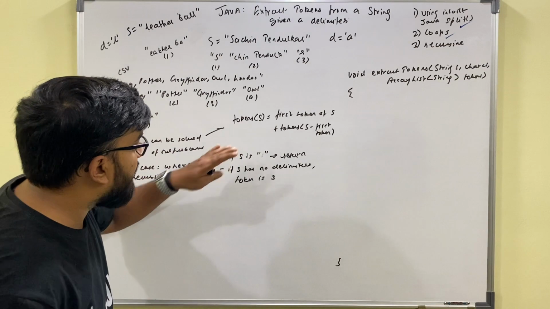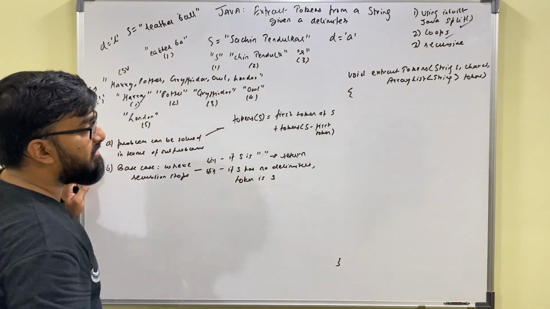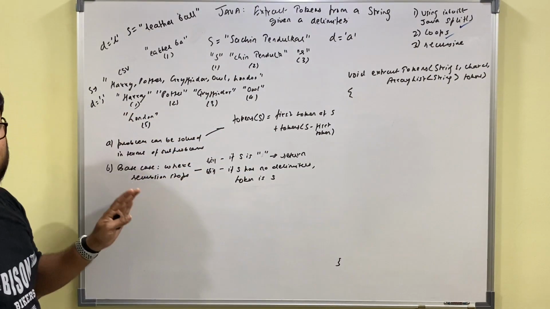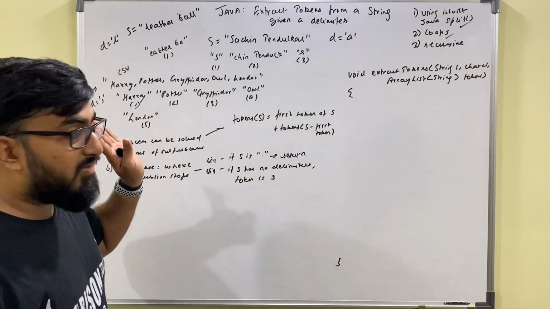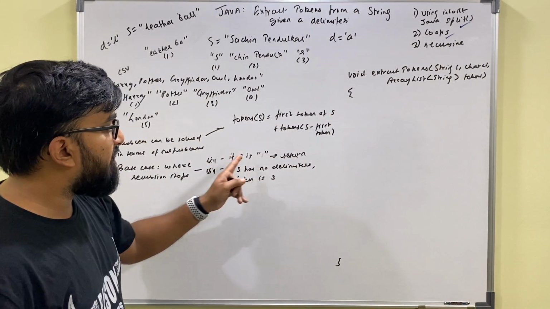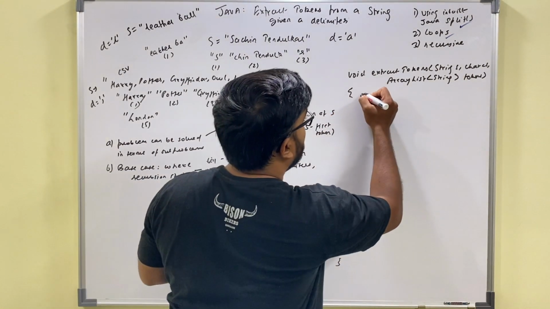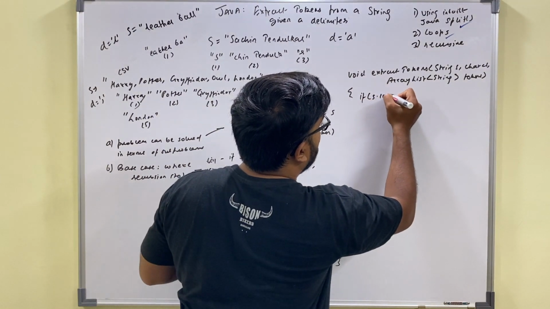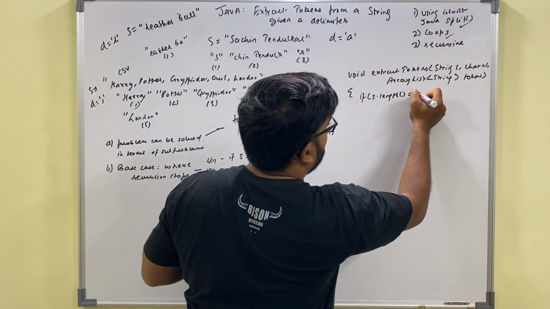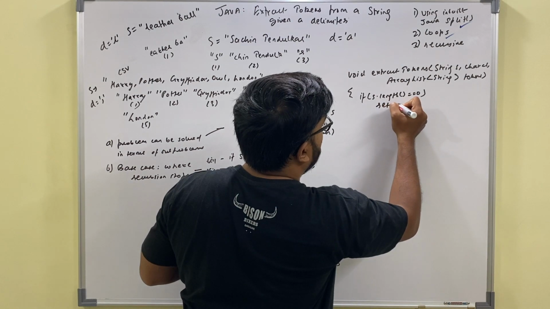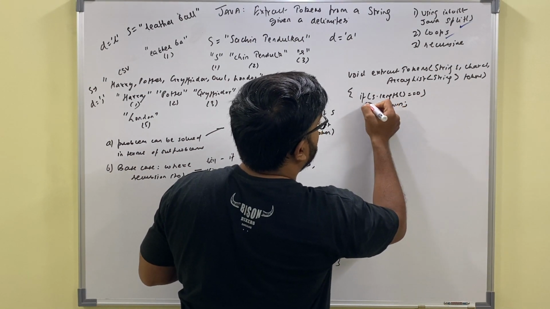This very roughly relates these 2 ideas, because this forms the basis of recursion. My first step is to write the base cases first. If s is blank, I return. So if s dot length equal to 0, you return. Your recursion stops.